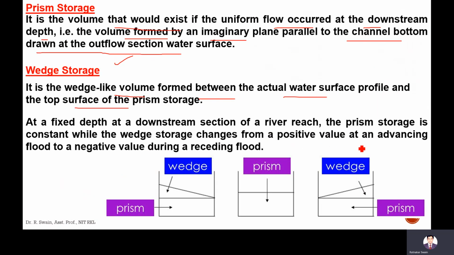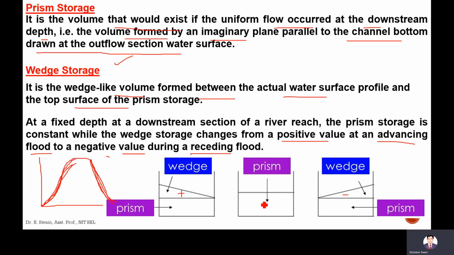And the wedge storage changes from a positive value at an advancing flood to a negative value during a receding flood. This is the hydrograph. This is the advancing flood, and this region is the receding flood. During the advancing flood, since the flow is entering into the channel, that is considered positive wedge storage. During the receding flood, the flood is leaving the channel, that means negative wedge storage. Prism storage is constant from upstream point to downstream point.